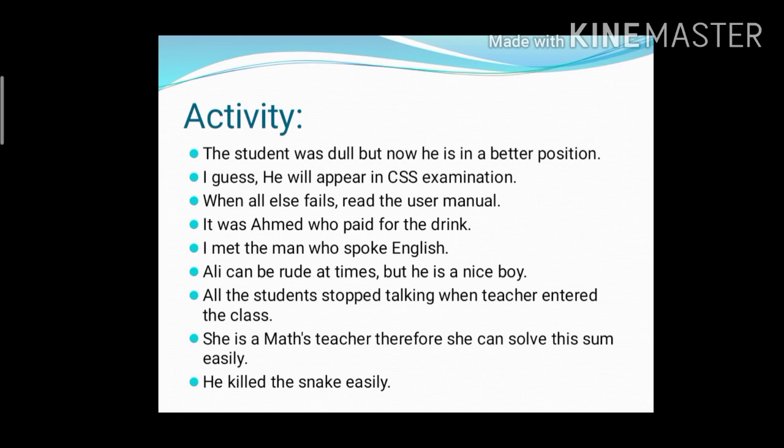Here we have joined two clauses of equal rank, so we can say that this one is also a compound sentence. He killed the snake easily. Here it contains only one subject and one predicate. So this last sentence may be referred to as a simple sentence.